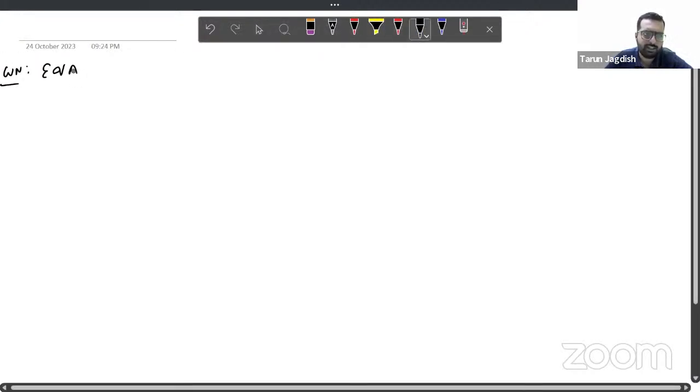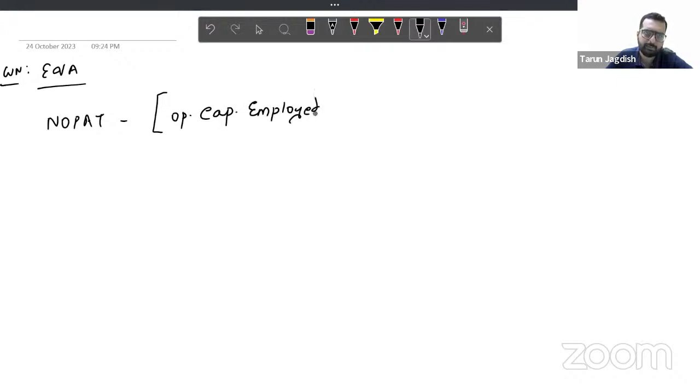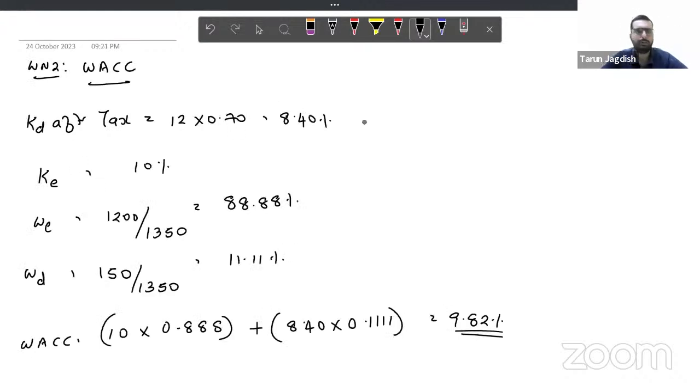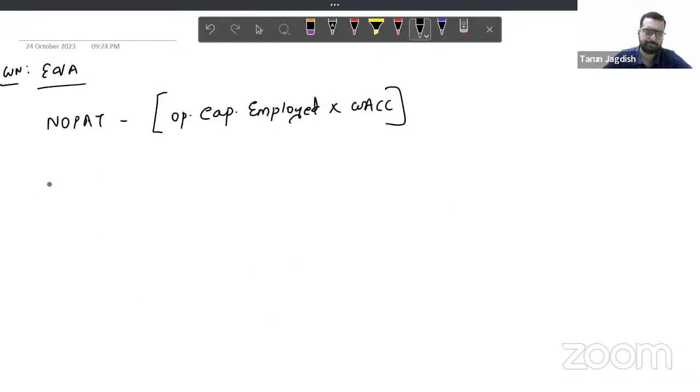That is the EVA. So the formula is NOPAT minus opening capital employed into WACC. So how much is your NOPAT? 460.5, 1380 into 9.82%.